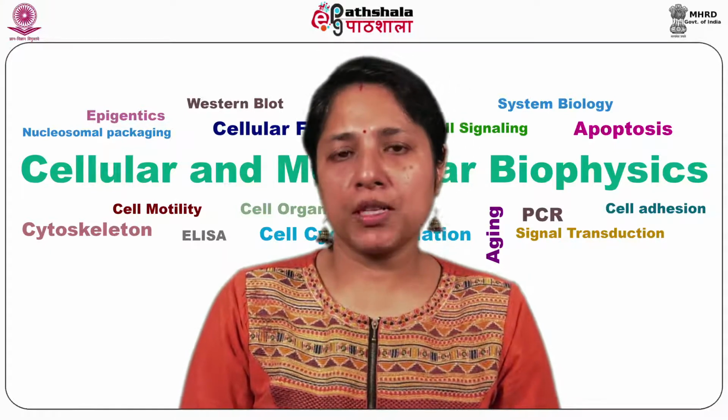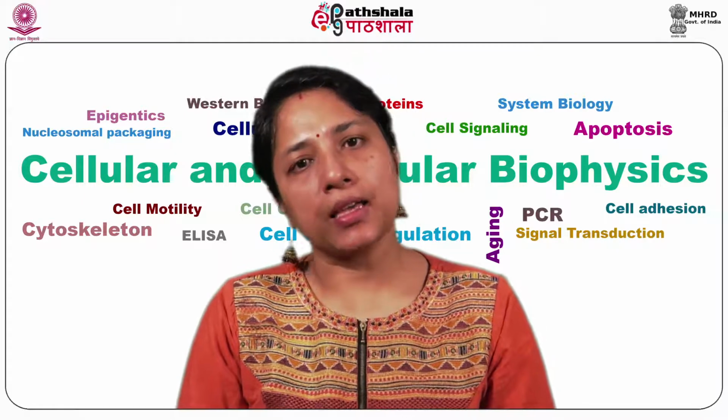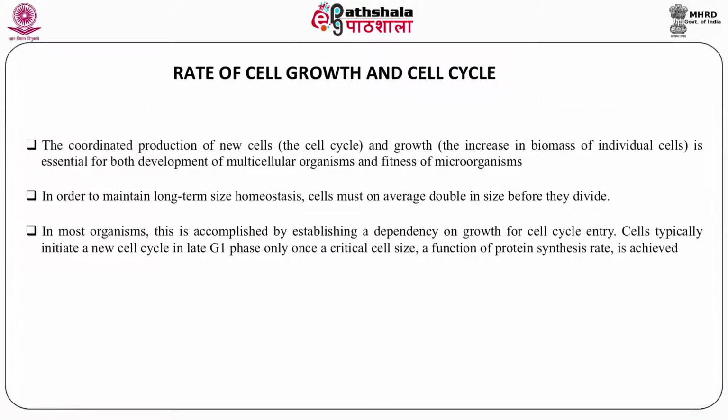The fourth objective covers the rate of cell growth and the cell cycle. The coordinated production of new cells during the cell cycle and growth, which is the increase in biomass of individual cells, is essential for both development of multicellular organisms and fitness of microorganisms.